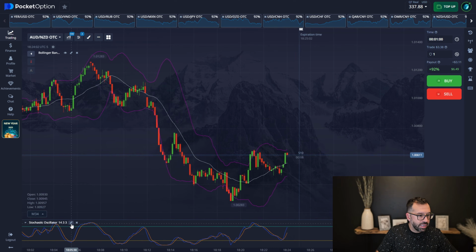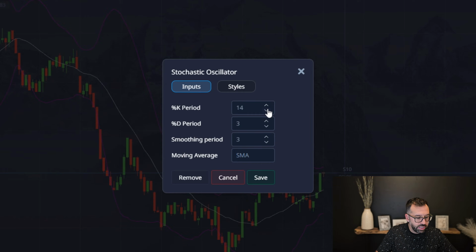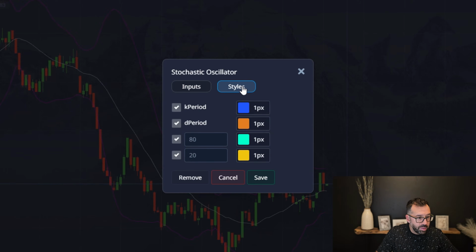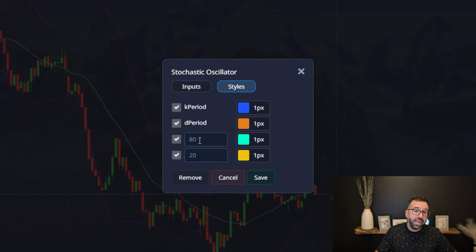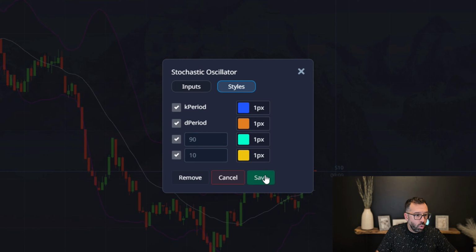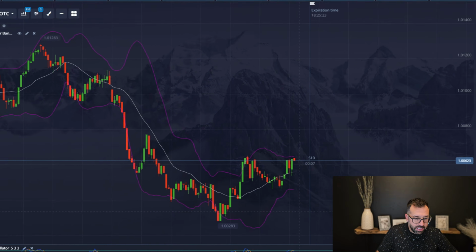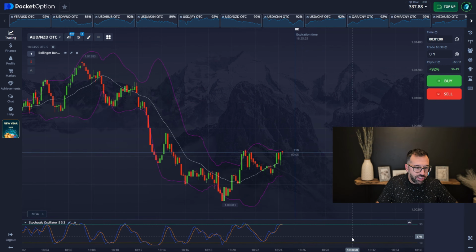With the Stochastic Oscillator, we are going to change this to 5, 3, 3, and we're going to leave it as the SMA, but I am going to change the high and the low. The system wants 80, I like 90, and the system wants 20, I like 10. Why? Essentially, what that does is it broadens this range here.